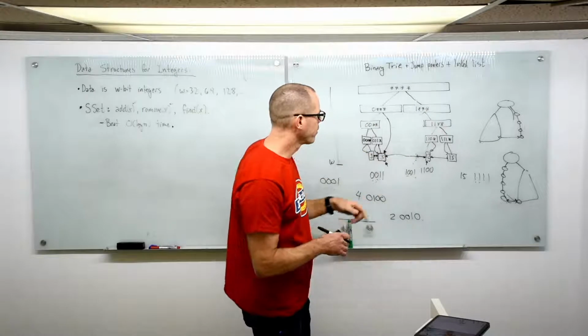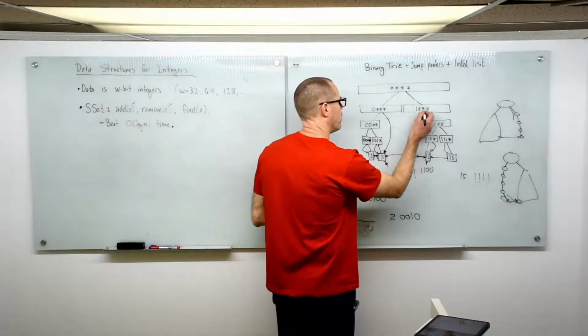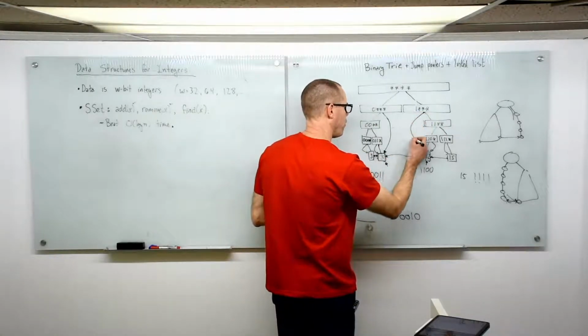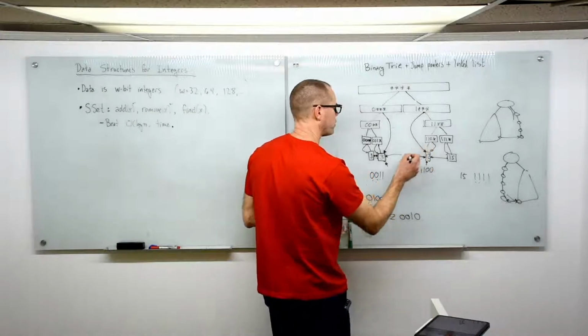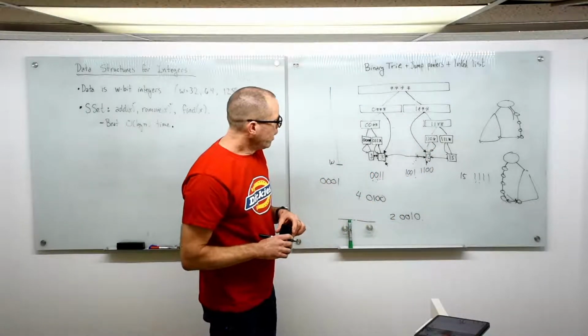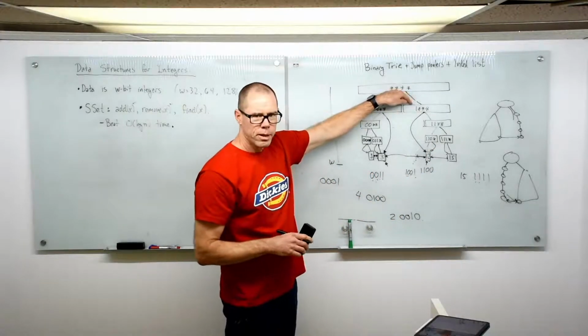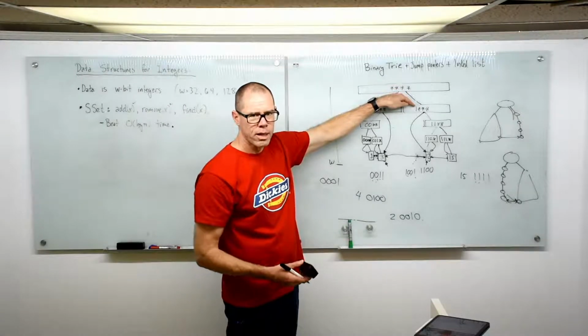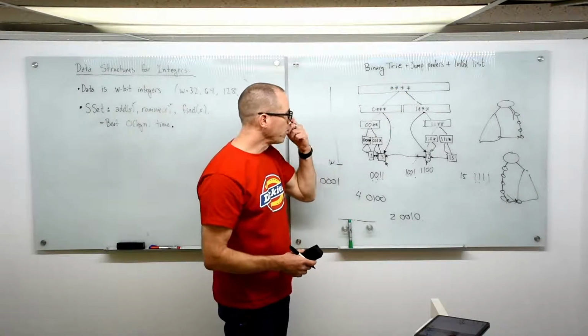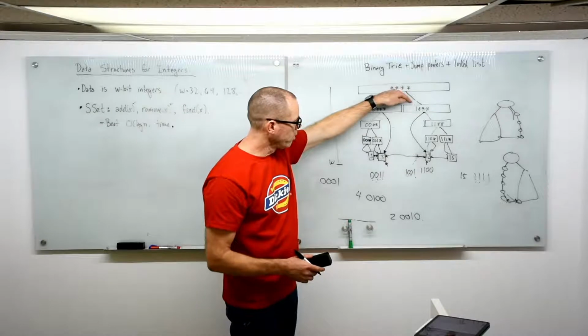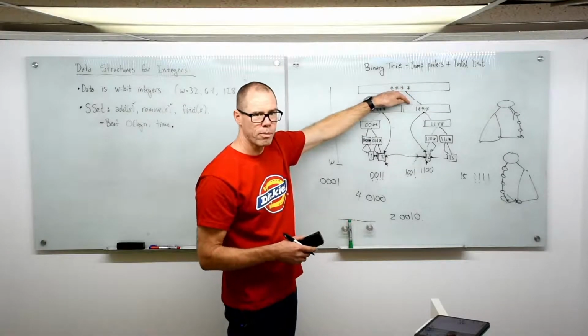That's this one. So we have what we need to fix this jump pointer. And at that point we stop, because this node still has a child, it doesn't get deleted, and nobody else's jump pointers change anymore.